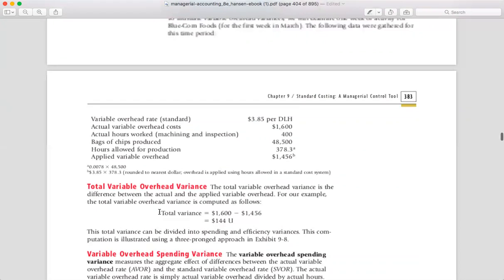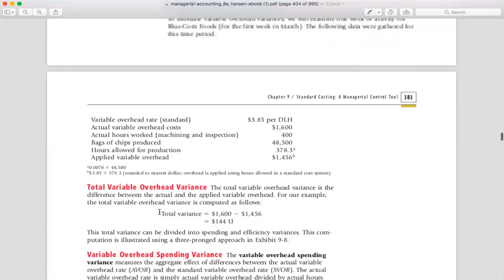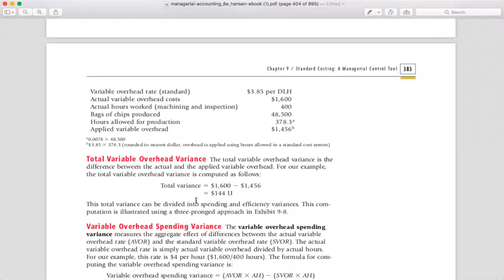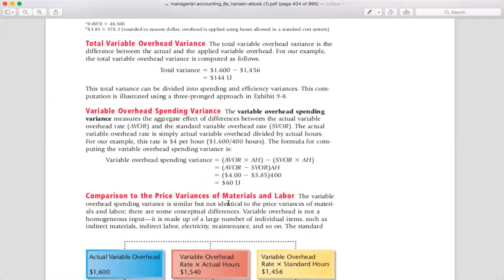Since the variance is the difference between the actual and applied, it will be 600 minus 1,456. So this is the total variance. The actual one is higher than the applied variable overhead. This variance can be divided into spending and efficiency.